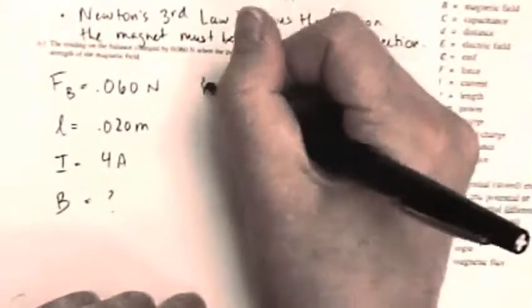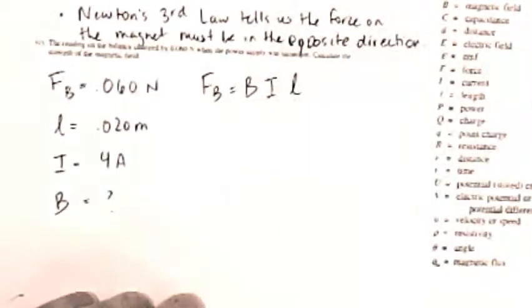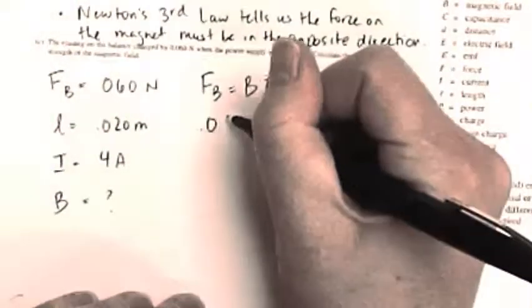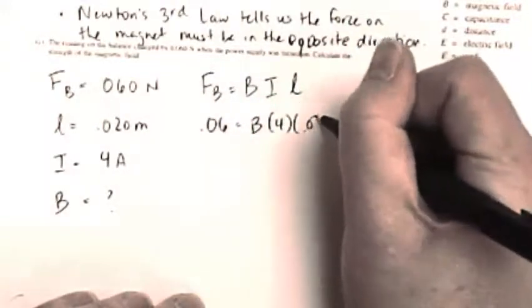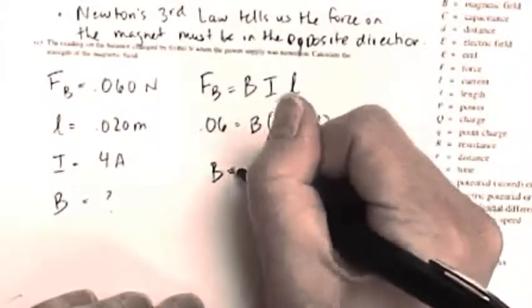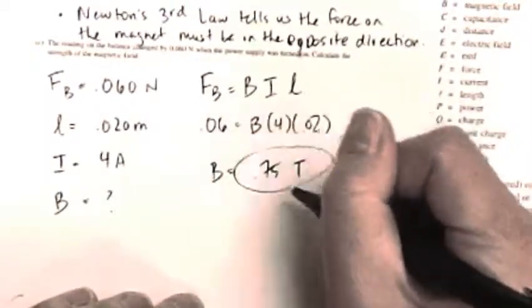And what I would like is the strength of the magnetic field. For this I can use the formula force is equal to magnetic field times current times length. And I'll plug in my values. And when I solve for the magnetic field, I get 0.75, and the units on magnetic field are Tesla.